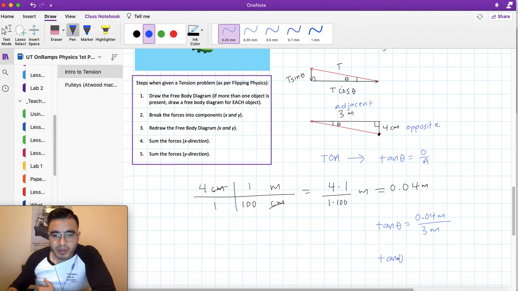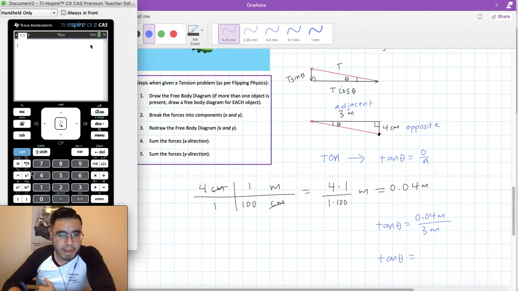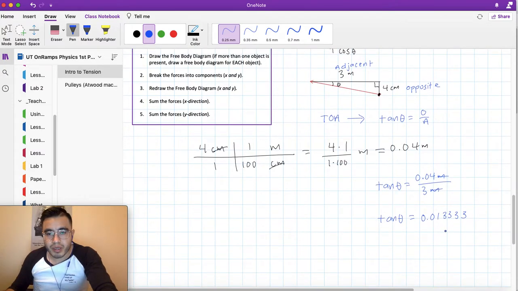Now let's use our calculator to see what that is. 0.04 divided by 3, 0.01333. And notice we have no units because the meters cancel the meters. So now we need to find theta.